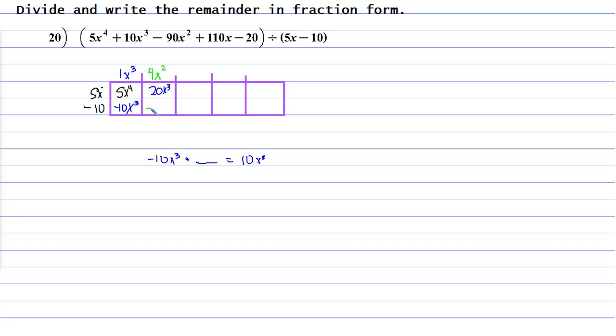Multiply to come down, negative 40x squared plus something is equal to negative 90x squared. And so that's going to be a negative 50x squared.